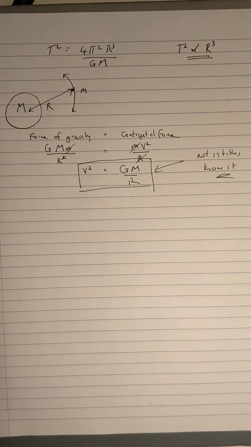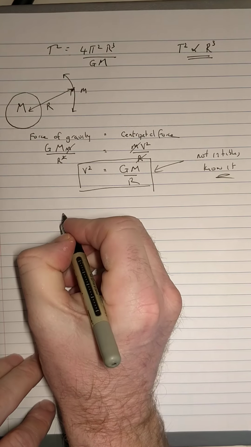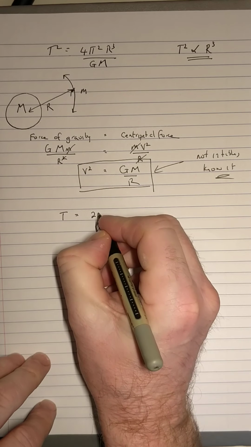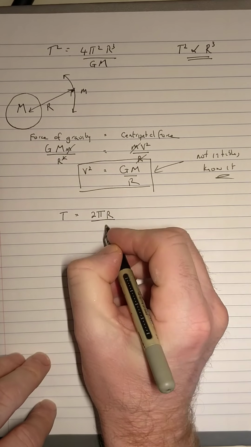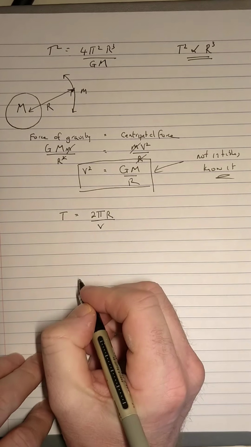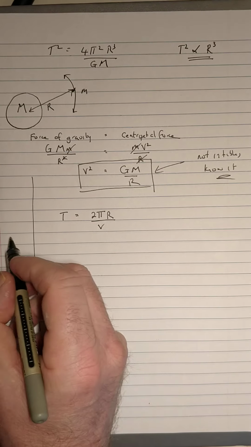Our next step then is to bring in periodic time. We want to formulate periodic time, and we know from previously that the periodic time is the length of the orbit divided by the velocity. Now remember, this isn't part of the proof, but just to come across to that.